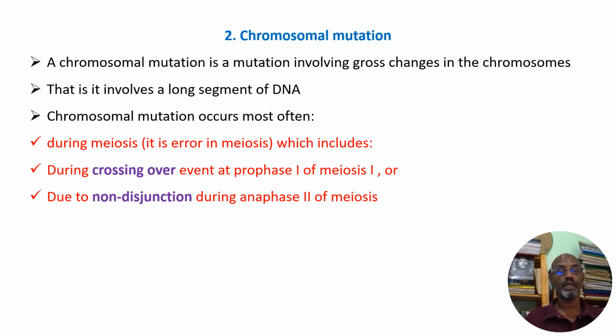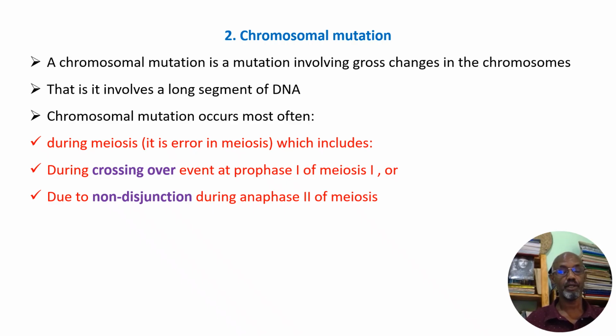Crossing over causes structural chromosomal mutation. The second process that causes chromosomal mutation is non-disjunction, that is failure to separate. Either homologous pairs fail to separate, or sister chromatids fail to separate during the anaphase stage of meiosis.